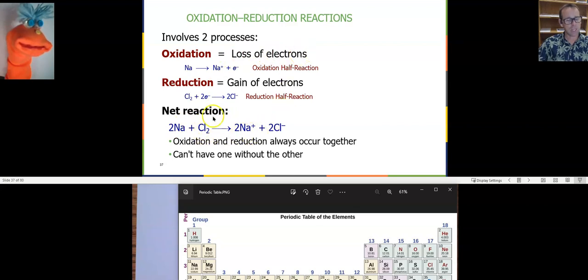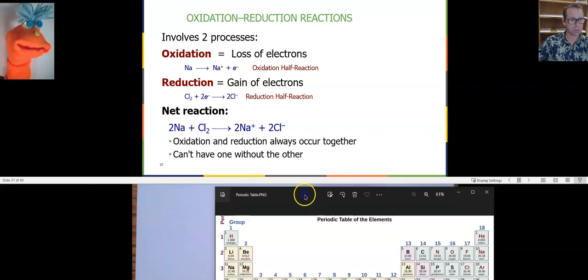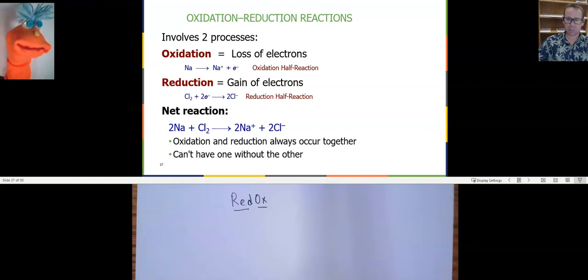And when chlorine gains an electron, we call that a reduction. All right? So we can look at a chemical reaction, a redox reaction, and identify whether a species has been oxidized or reduced by comparing the number of electrons that it's either gained or lost.